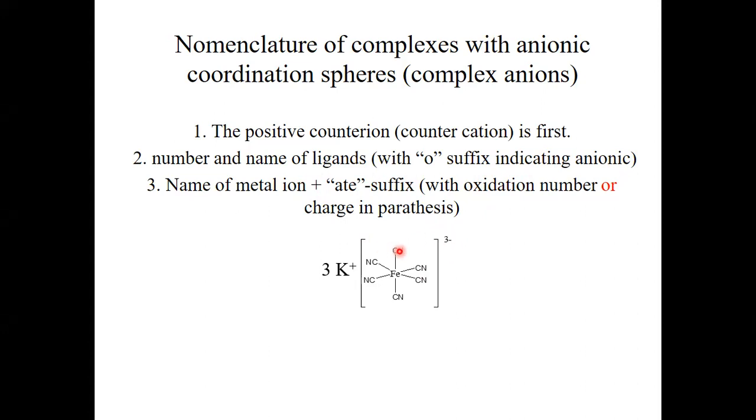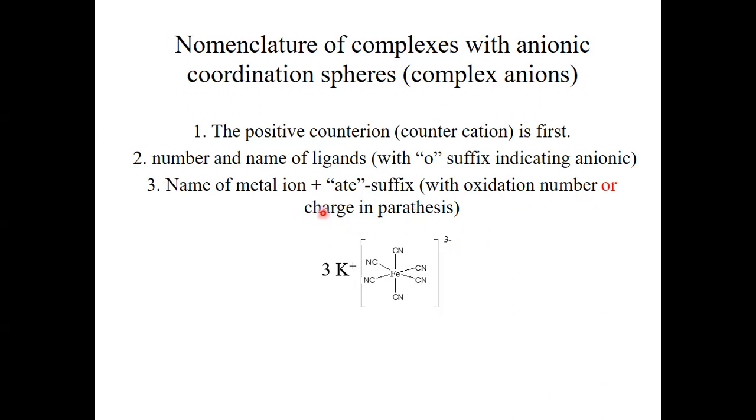We have 6 cyano ligands that are anionic, so we have 6 times 1 negative charge. That gives 6 negative charges. So if you think about what we have to add to -6 so that we get -3, the answer is +3. Okay, -6 + 3 gives -3.